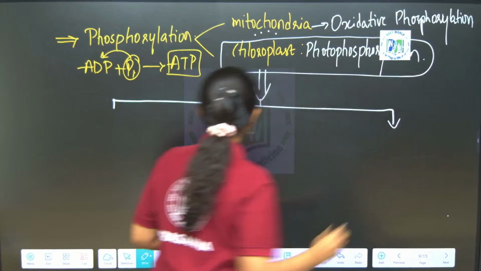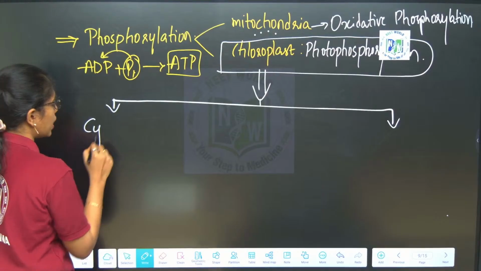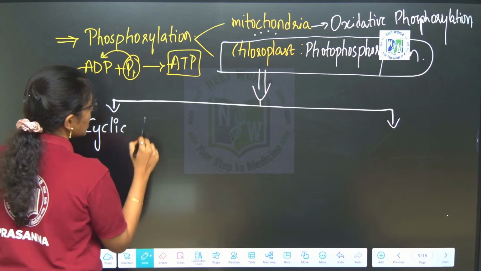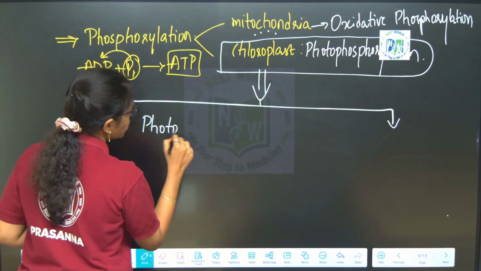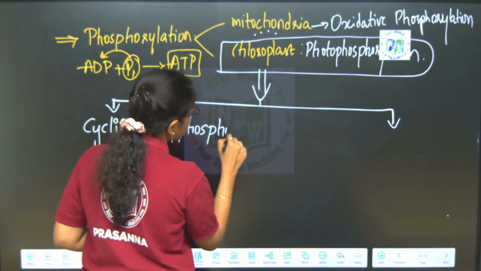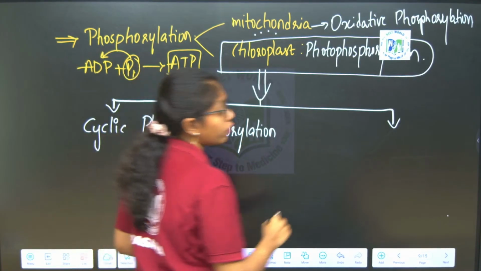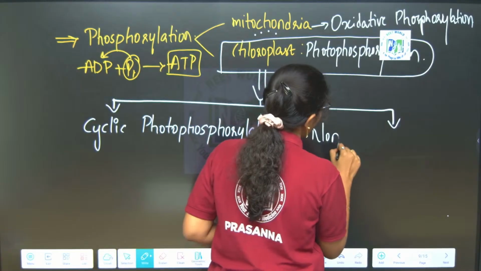Two types of photophosphorylation are possible. One is cyclic photophosphorylation, and the other one is non-cyclic photophosphorylation.